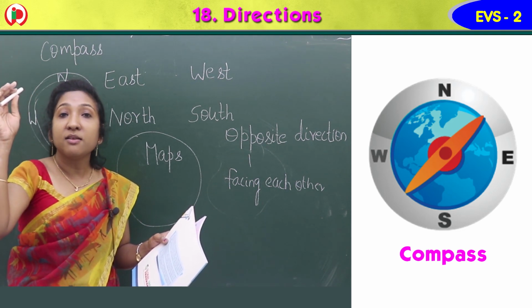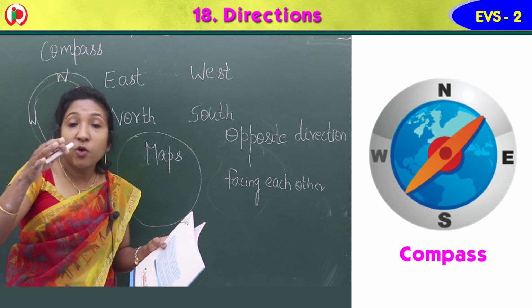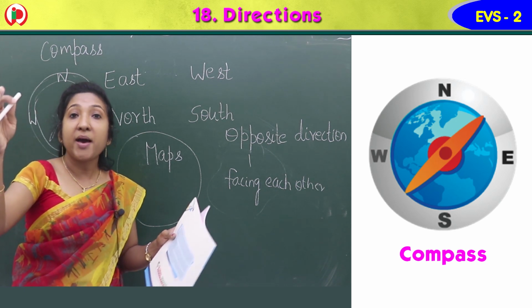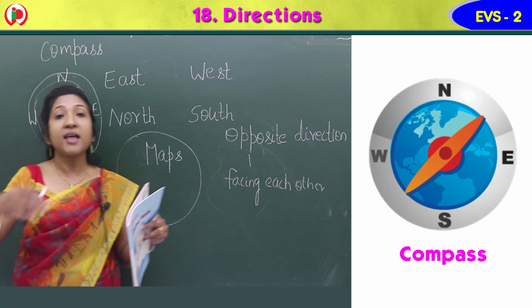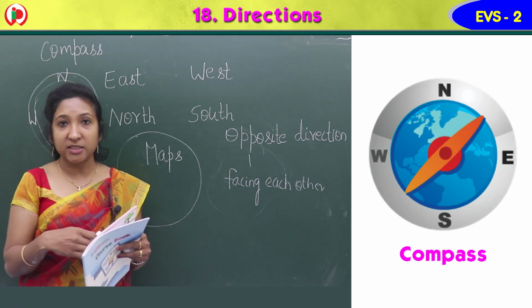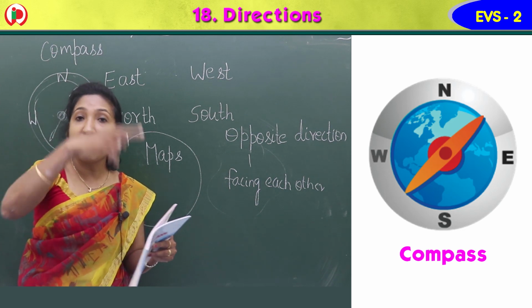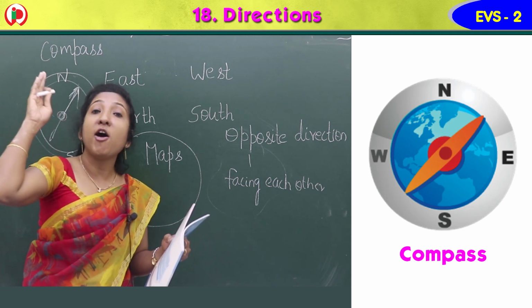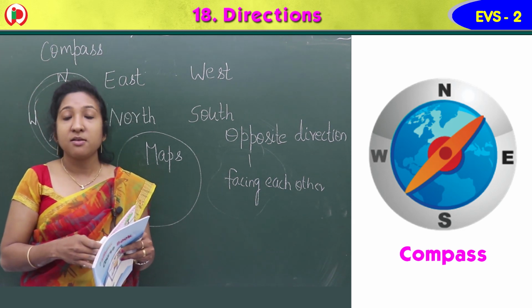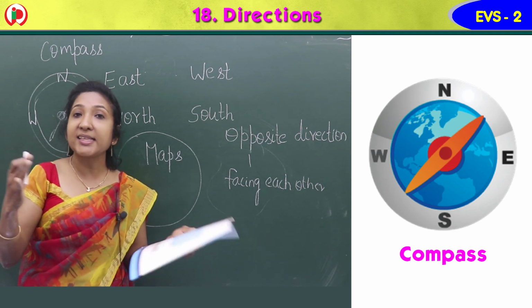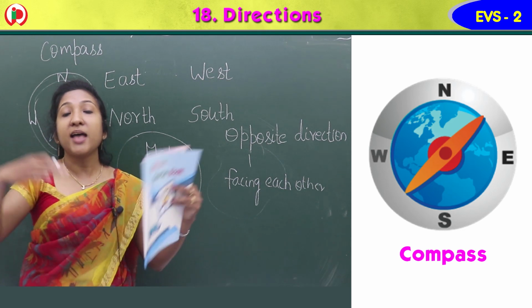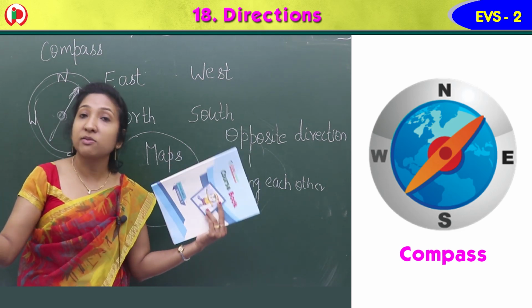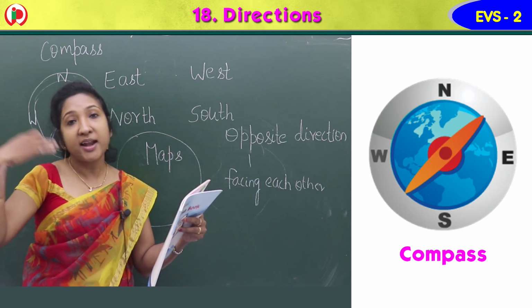So people can understand, oh, this is north. By knowing the north direction, the other directions they can easily find. Because the compass needle always points towards north, they easily find north from the compass. Then the other directions, south, east, west, they can understand.